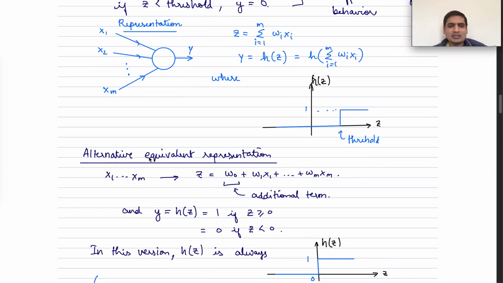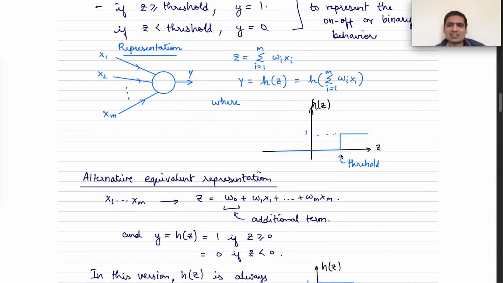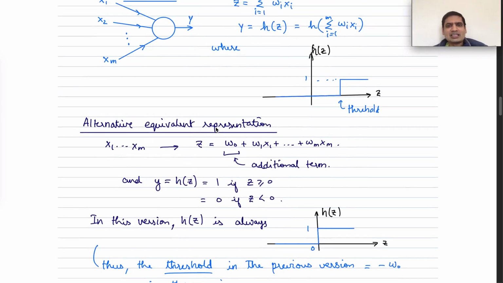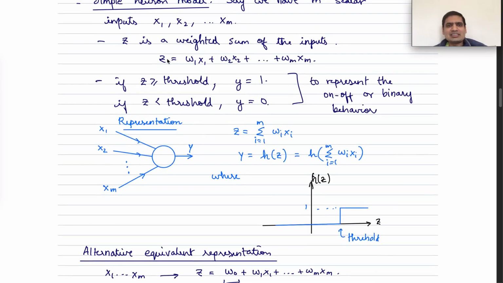Now, an alternative equivalent representation of what we just described is as follows. Instead of having this threshold be some quantity and h depend on the threshold, we have z also have a constant term, w naught.